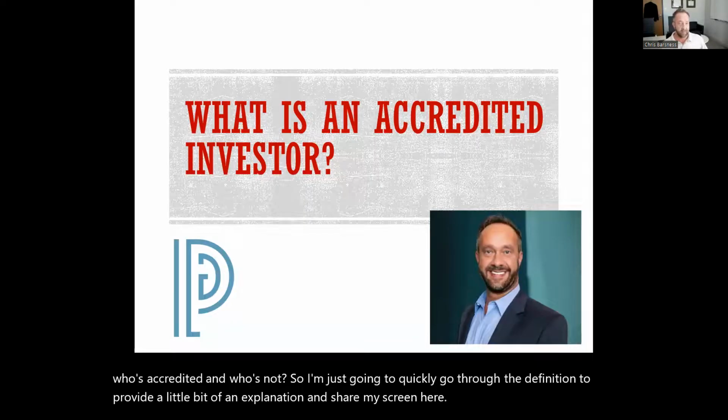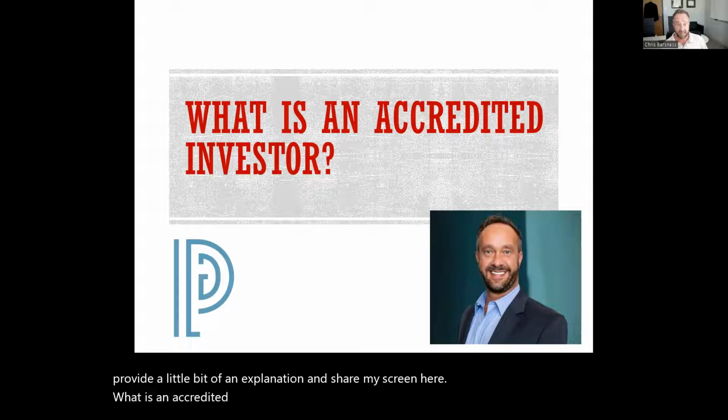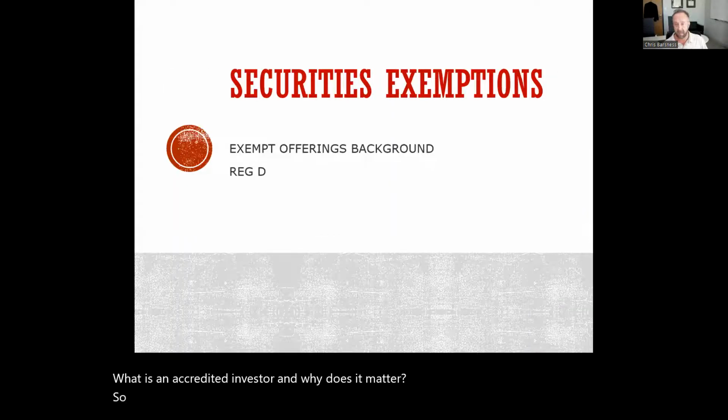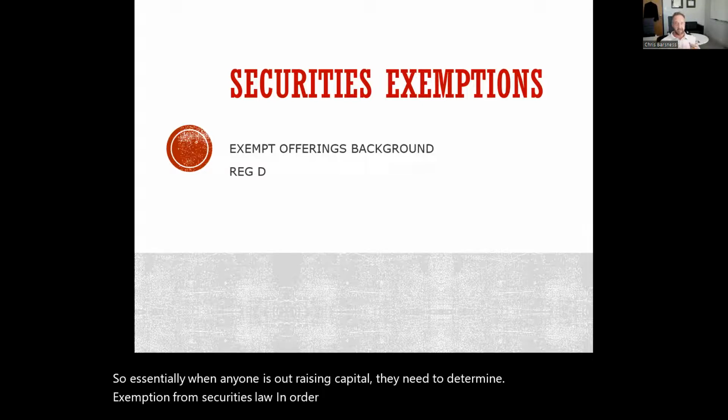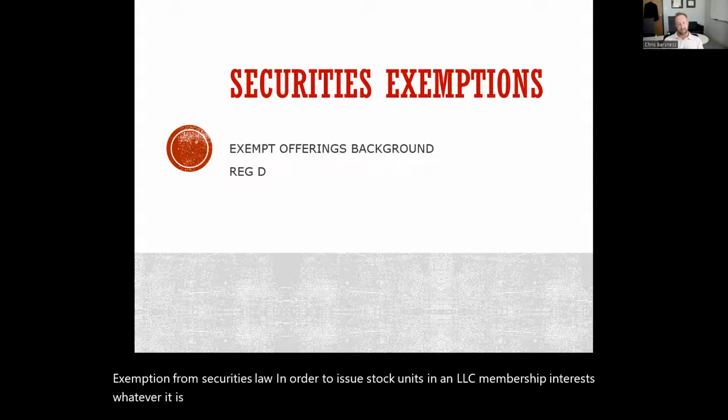So what is an accredited investor and why does it matter? Essentially, when anyone is out raising capital, they need to determine an exemption from securities law in order to issue stock, units in an LLC, membership interest, whatever it is, because the SEC has certain rules and regulations around what are considered securities.